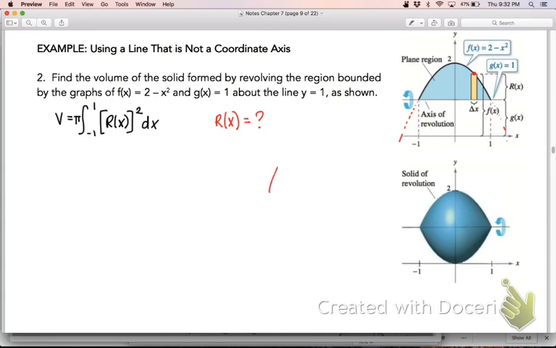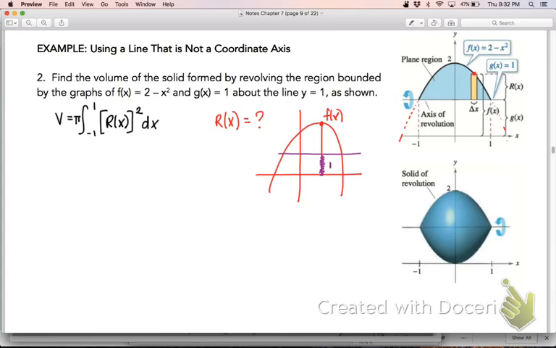This point right here is f of x, the distance from here to here. But what is different is that we have this line y equals 1, and we don't want this distance to be part of our radius. So if that is the line y equals 1, then we need to subtract that.